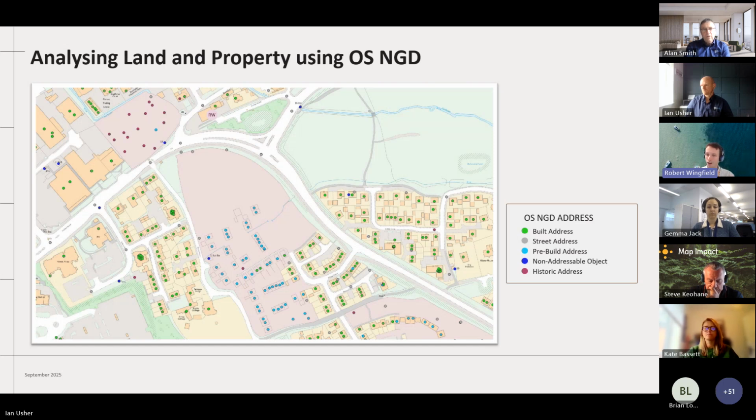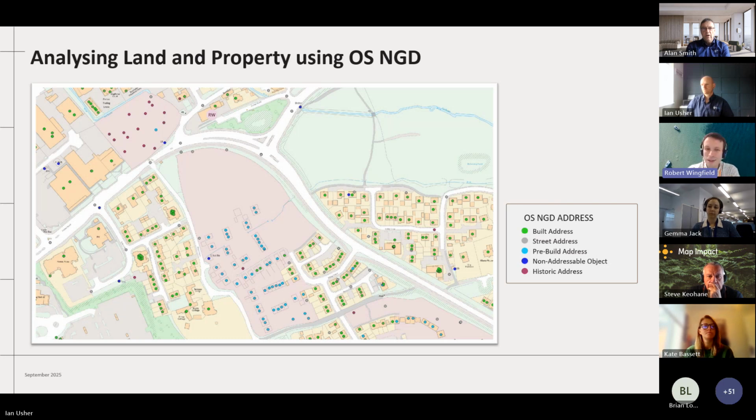So it's split by a life cycle, making it much easier to understand where those live addresses are, being able to link that to buildings information and understanding that proximity of what's going on in that surrounding area. And the fact that the address point is located within the building enables that easy cross-reference and that easy identification of your assets.